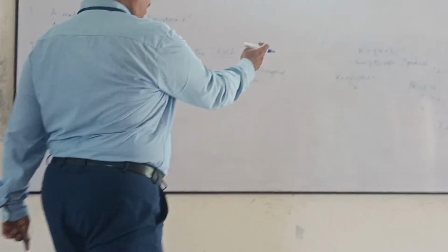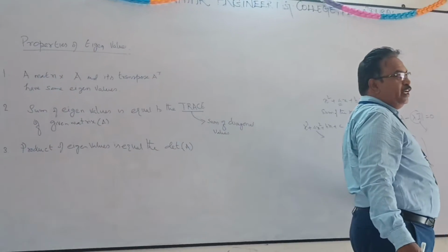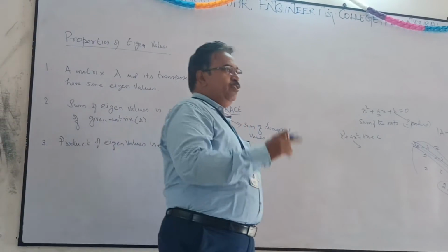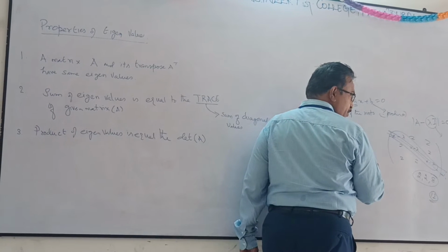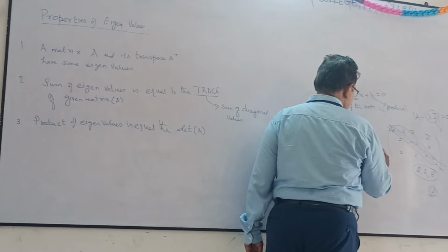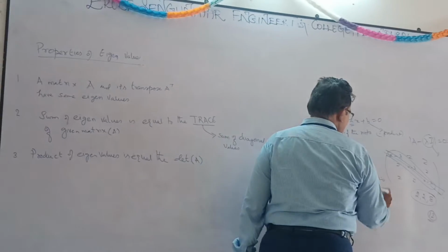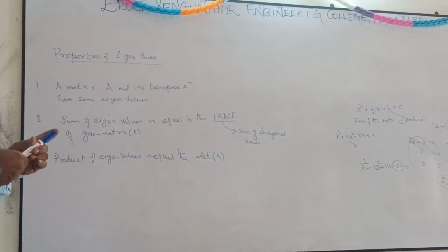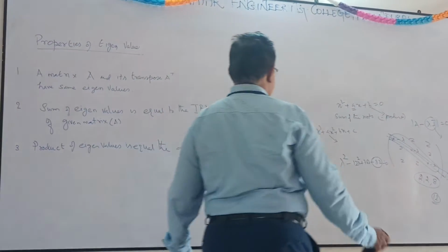In the previous problem we have 8 into 2, 16 into 2, 32. 32 will be the product. There we have lambda cube minus 12 lambda square plus 36 lambda minus 32 is equal to 0. So this is 32. The product of eigenvalues is equal to the determinant of A.